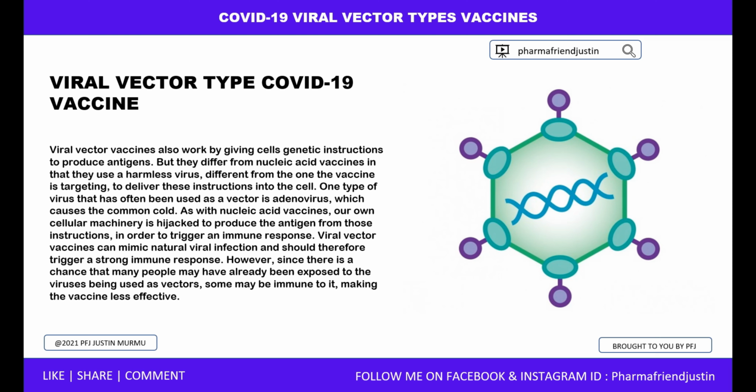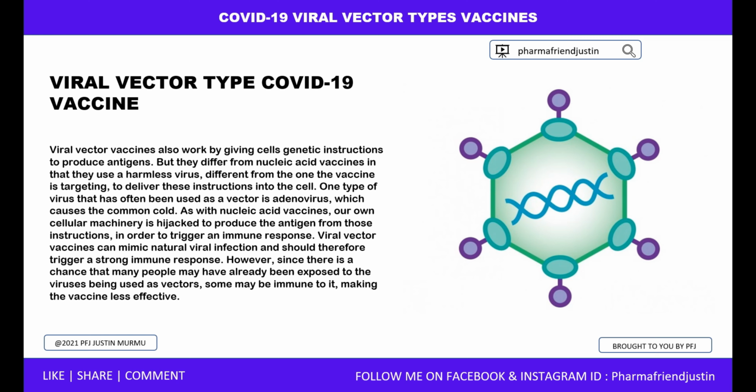One of the viruses that has often been used as a vector is adenovirus, which causes the common cold. As with nucleic acid vaccines, our own cellular machinery is hijacked to produce the antigen from those instructions in order to trigger an immune response.